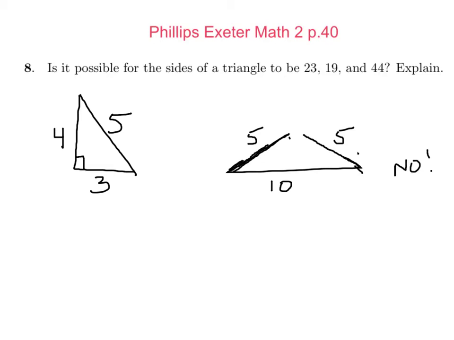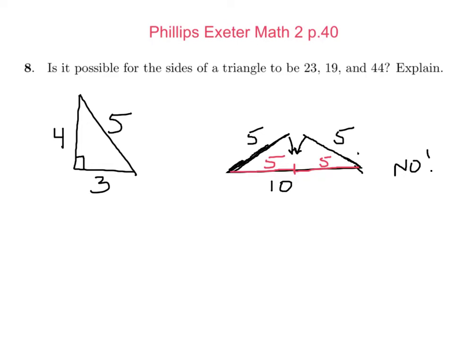The reason is that as I try to touch them, they won't quite touch. And if I start to hinge them downward, they would eventually touch, but they wouldn't touch until they reached this line. And then they would lie right on that line, right? Because 5 plus 5 equals 10. So the next bigger generalization is, how big do they have to be?